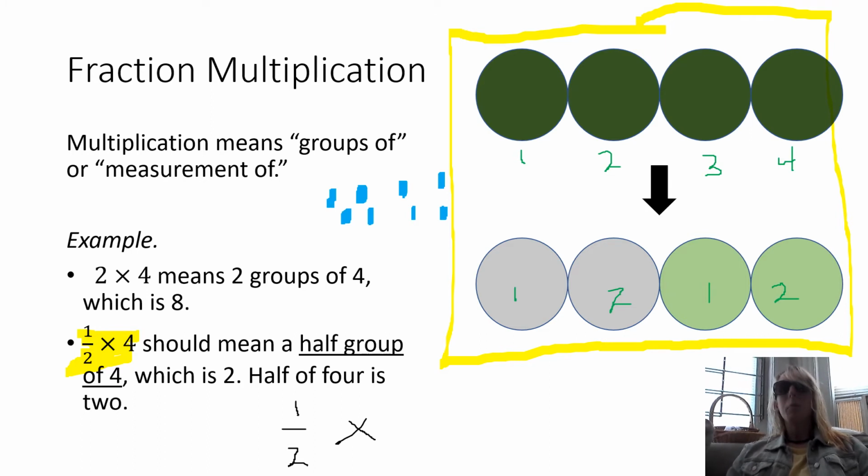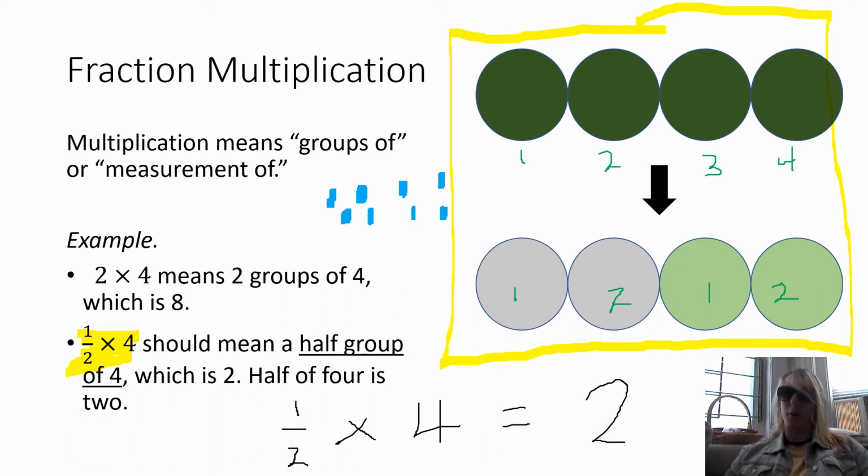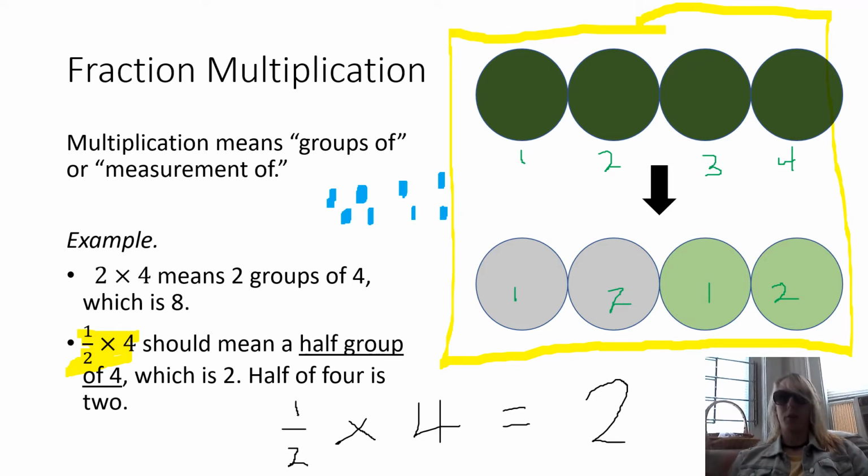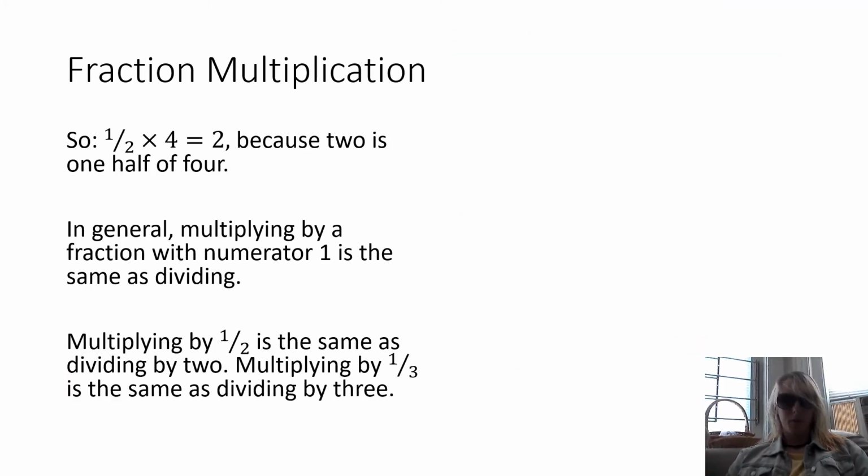I wish I had a pen tool or something. But I don't. 1/2 times 4 equals 2, and here's the visual explanation why. So notice that multiplying 4 by a half is the same as dividing 4 by 2. This is true in general. What's half of a group of 4? It's the same as 4 divided by 2. What's 1/3 of something? It's the same thing as dividing by 3.